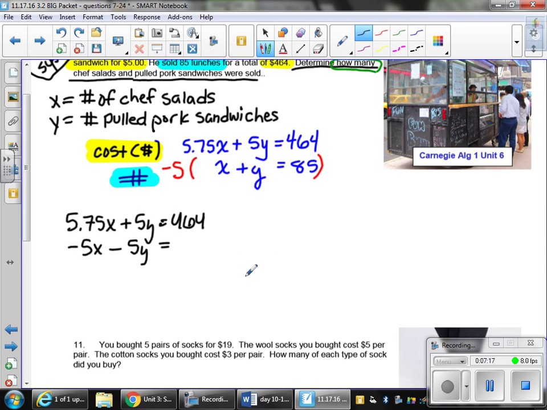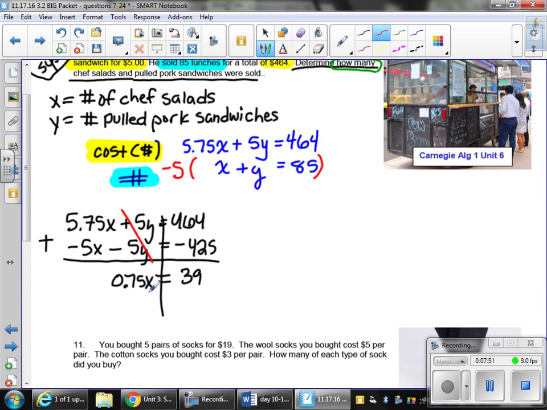If you have not gotten your calculators out, let's do that. -5 times 85 is -425. We're ready to add these together. Let's see what we get. I know that my y's will cancel, and then 5.75x minus 5x is 0.75x equals 464 minus 425 is 39.